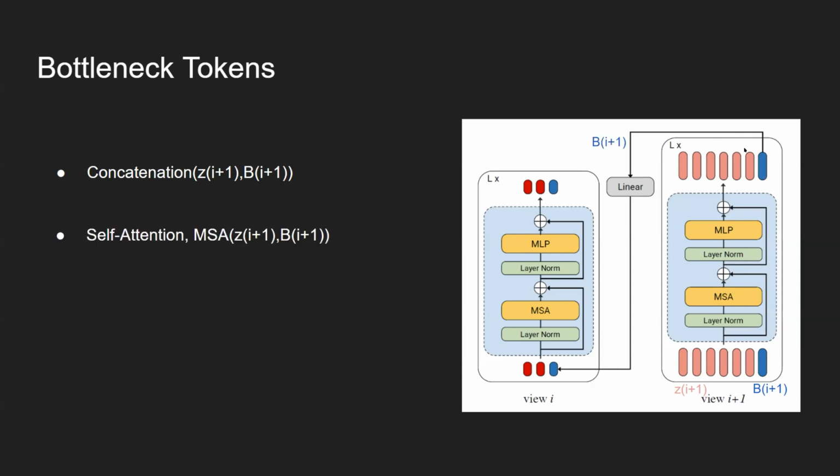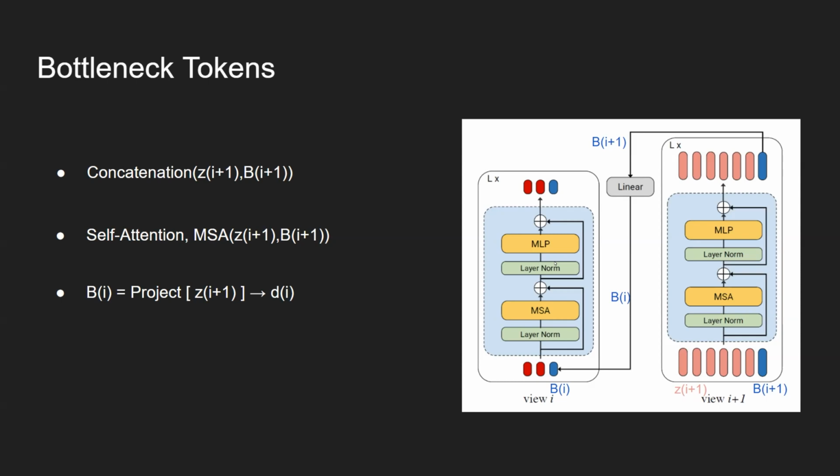This particular Bi+1 will be projected to a depth of Di again for the dimensionality, and then we'll concatenate that with the input of view I, that is Zi, and we'll do the same process all over again. We'll pass it to the self-attention and then MLP, and sequentially we'll get the output. So that's how the information is being transferred from view I+1 to view I here.